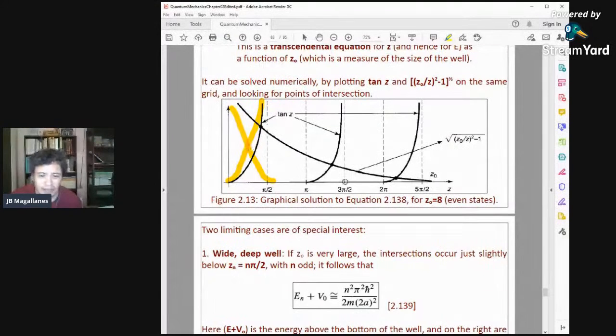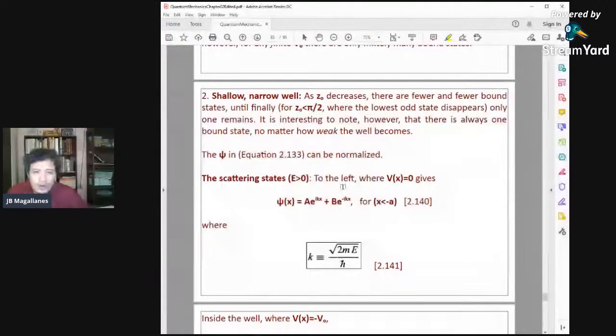So in that case, for a shallow narrow well, as Z decreases, there are fewer and fewer bound states.